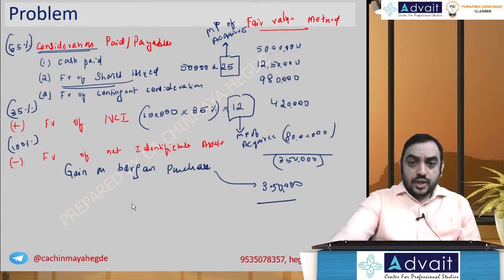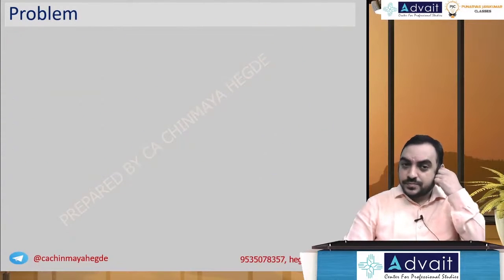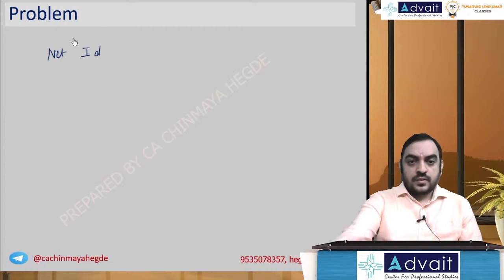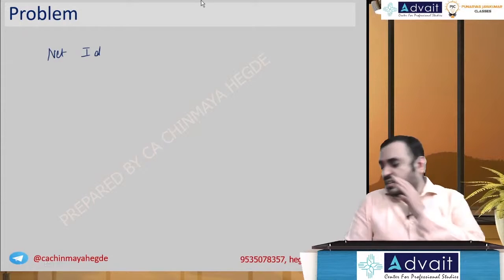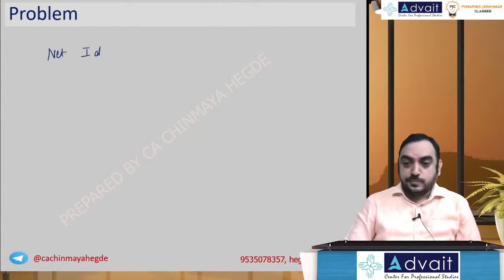Okay. Journal entry, straightforward. This working note only will become a journal entry. So when you acquire assets, whatever net identifiable assets.